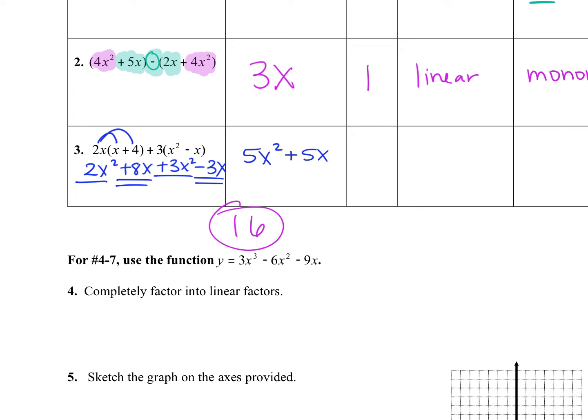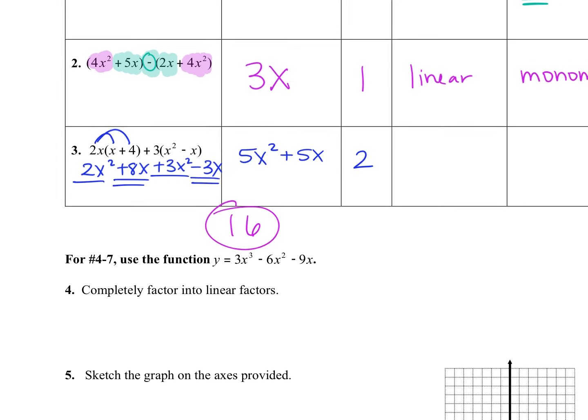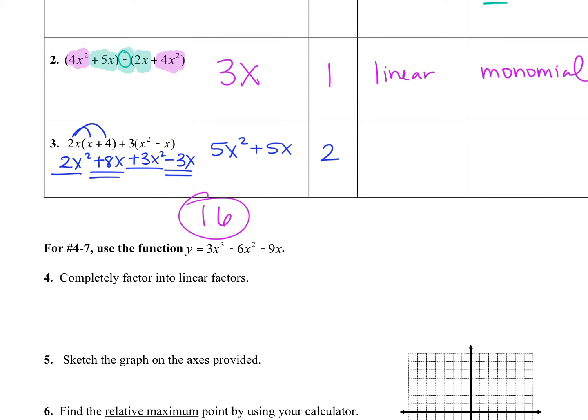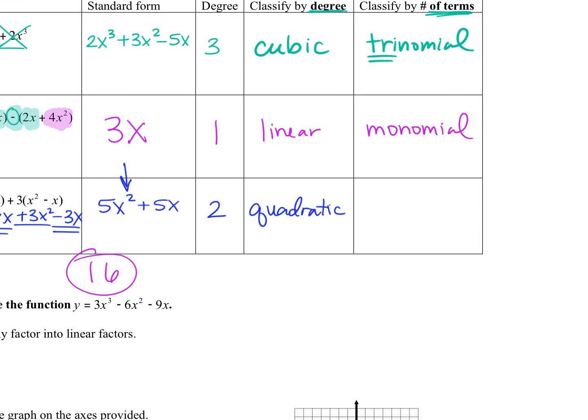The degree is 2, your biggest exponent, right? So a degree of 2. Do you remember what we call it by degree because of this guy? That's a quadratic, right? The quadratic is, think parabola. A quadratic is a parabola. Whenever there's an x squared in there, it's a parabola. So this is a quadratic. And then 2 terms is a binomial.